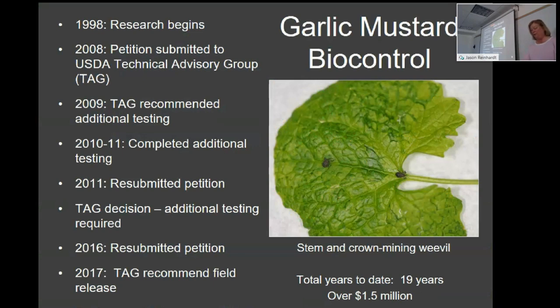But it's promising, and hopefully we'll be able to release these agents in the United States. And there are also two others. So this is a stem and crown mining weevil. There's also another stem mining weevil and a seed feeder.